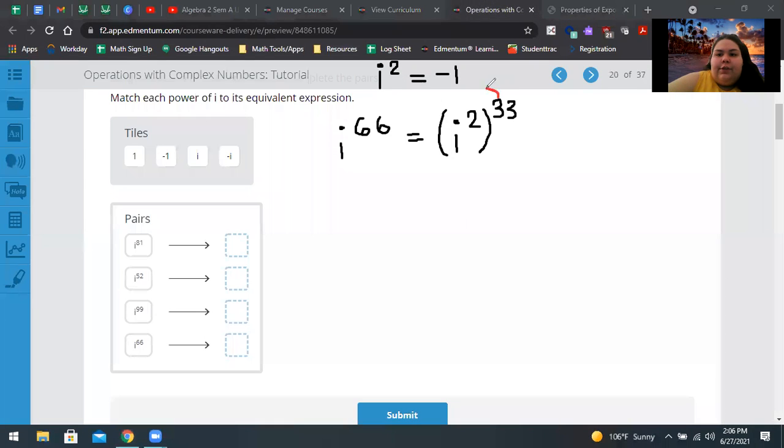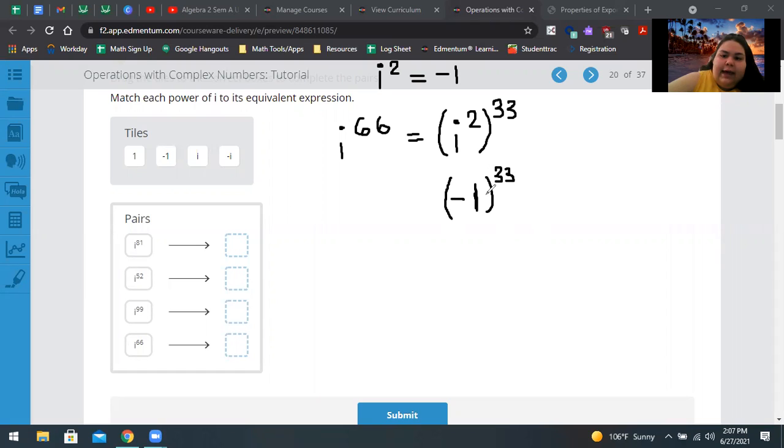I multiply the 33 times 2 to get back to the 66. Just checking my work to make sure I can go back to the original and it matches. Now I know I can replace the value of i squared with -1. So I'm going to do -1 here, and raise this to the 33 power.